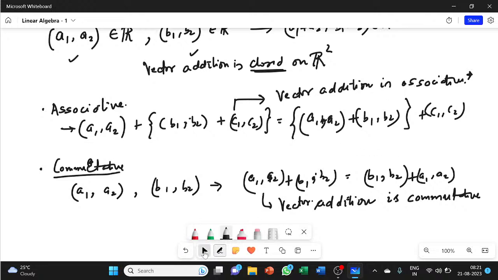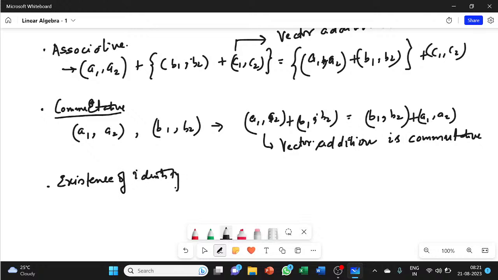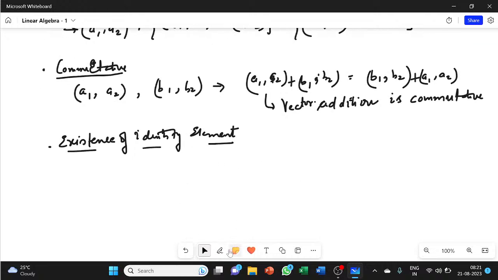Okay, now you see another property that you can think of is the existence of an identity element, that is the origin.